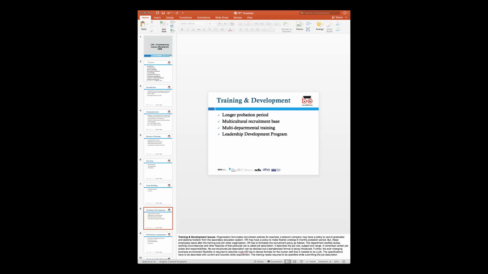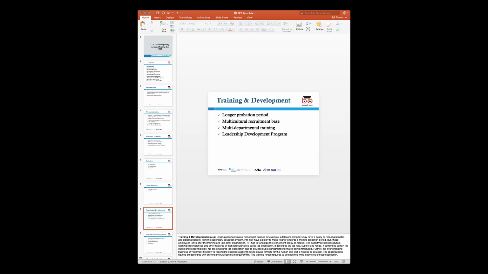Now, training and development in particular is formulated by HR at the time of recruitment. When you do the shortlisting through the interview process, they identify the areas of skills that you lack and which will need to be developed as you become a permanent employee of the organization.